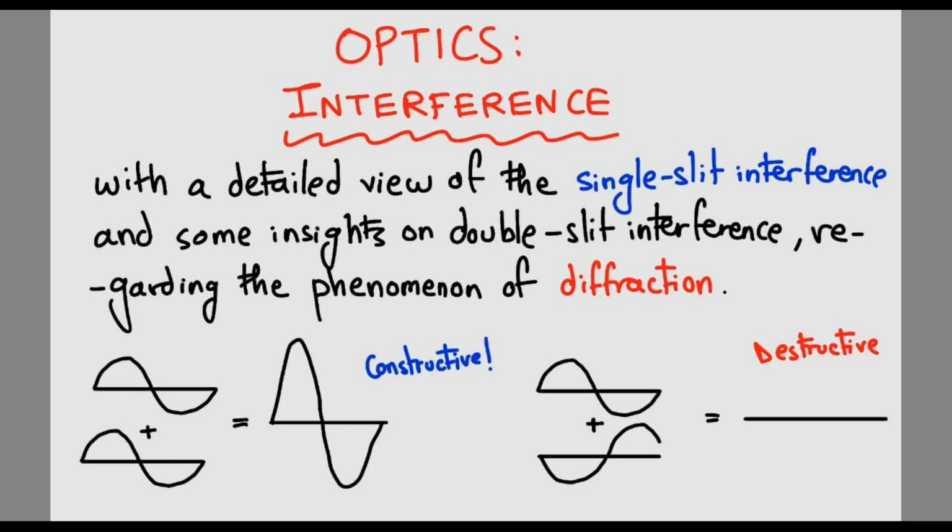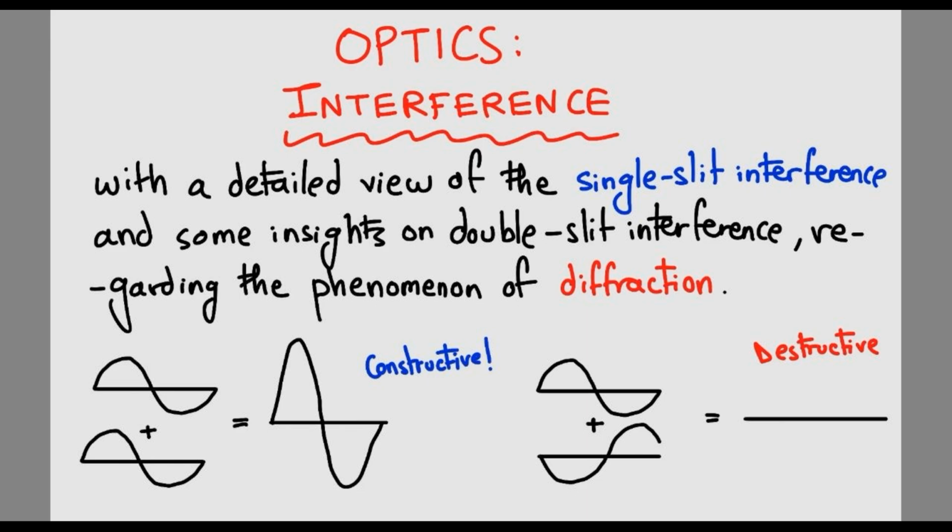And if they're off phase, and in this example it is completely opposite, then they give way to destructive interference, which is basically total deletion of the amplitude. So we have this in mind regarding constructive and destructive interference.